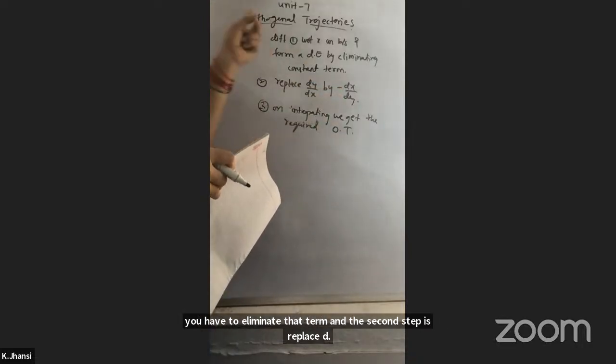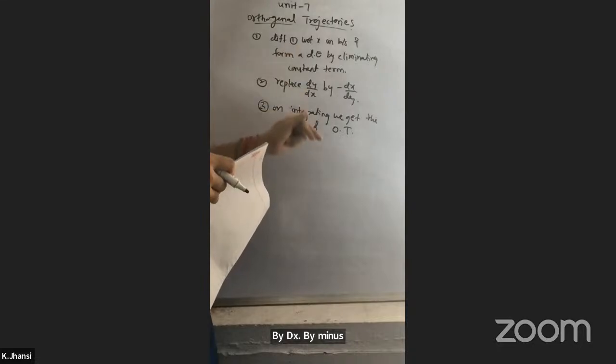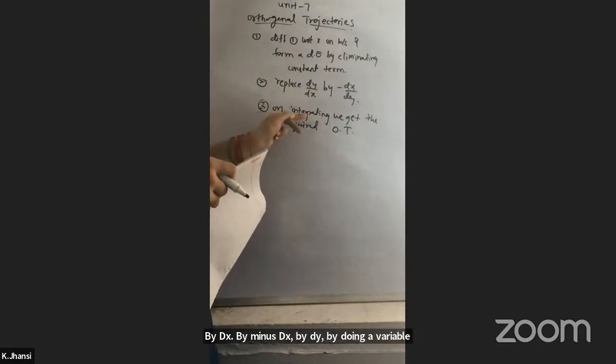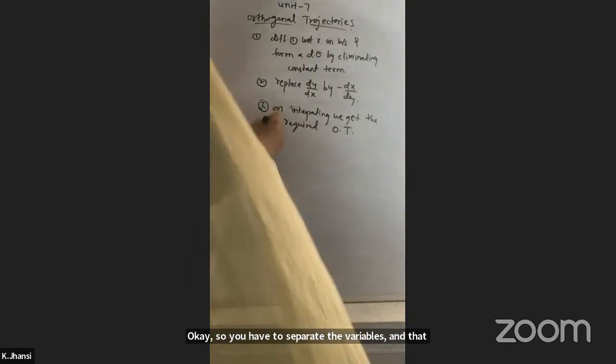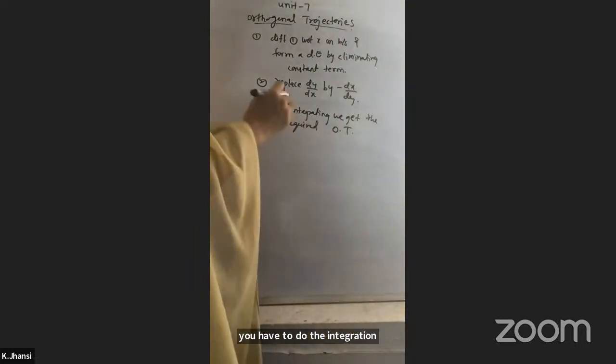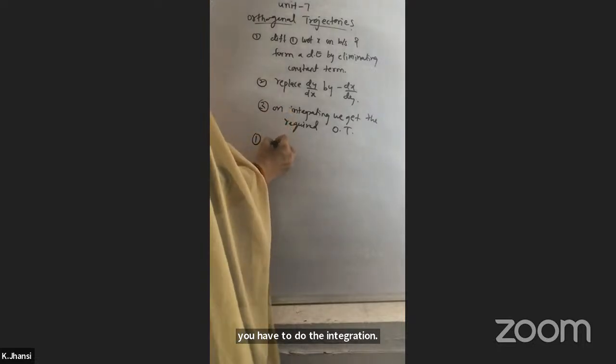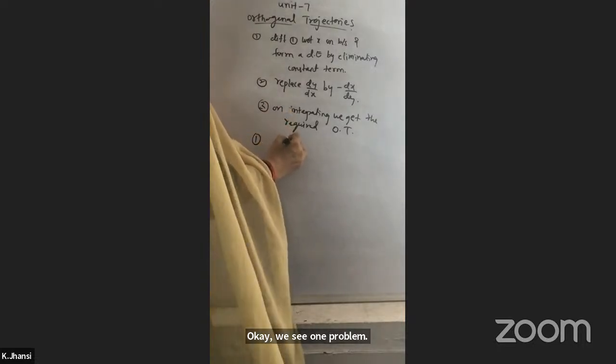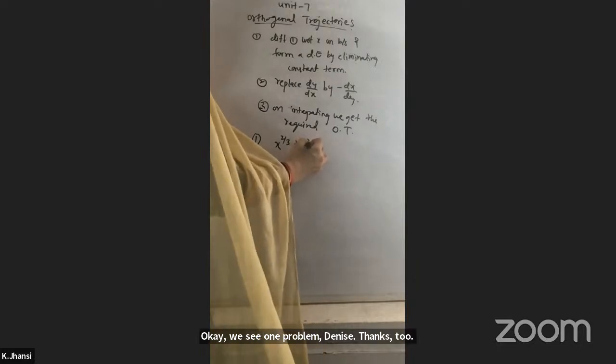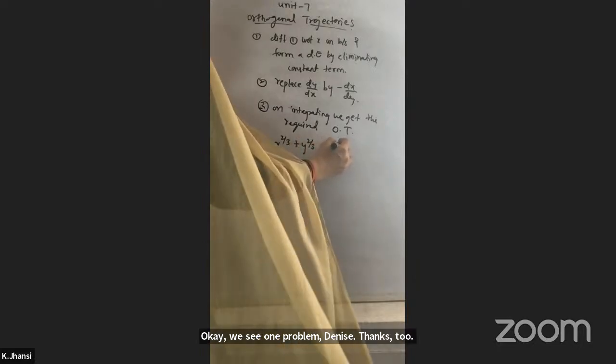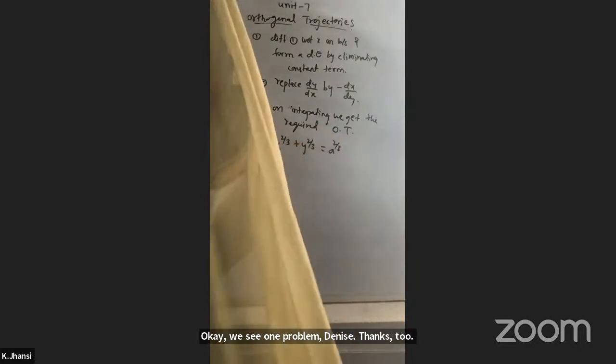Then by the variable separable method, you separate the variables and do the integration such that you will get OT. Okay. So we'll see one problem, that is x to the power of 2 by 3 plus y to the power of 2 by 3 is equal to a to the power of 2 by 3.